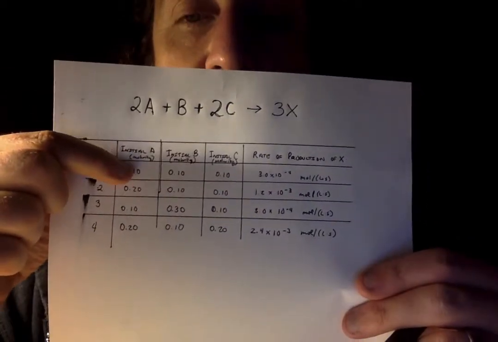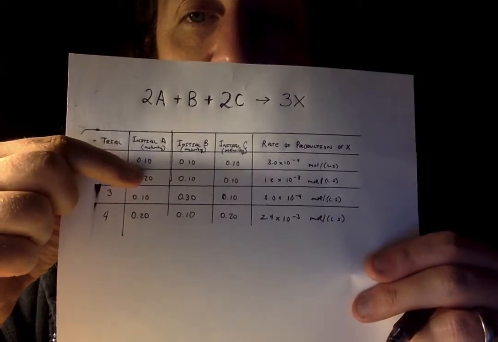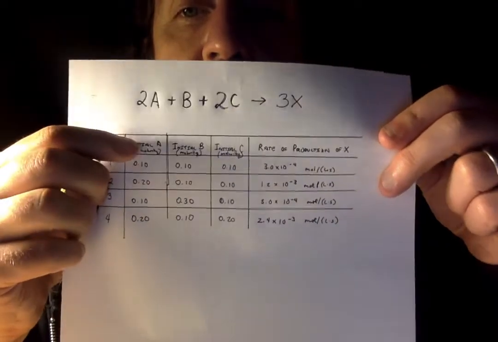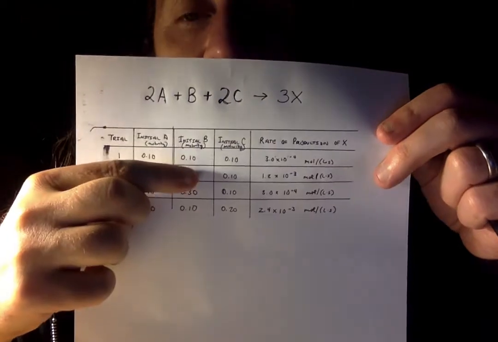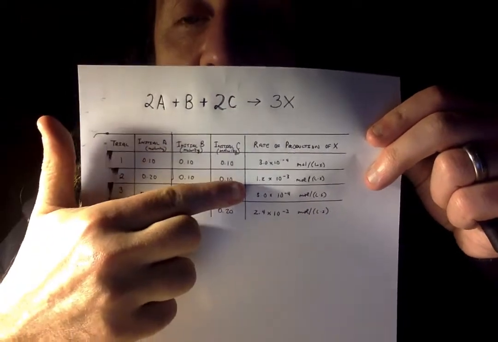So if I want to figure out what the effect of changing the concentration of A is, and that's what I need to do in order to write this rate law, I just need to compare trial 1 and trial 2, because A changes, B doesn't, and C doesn't.